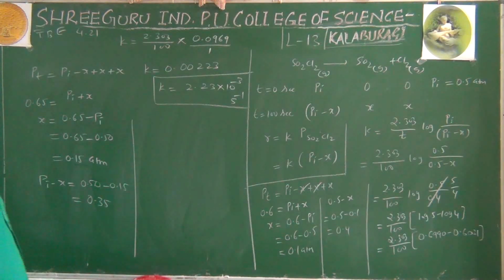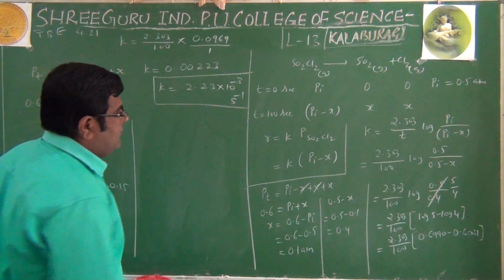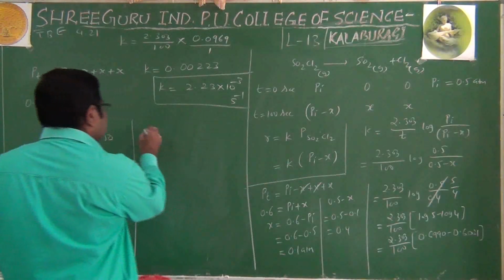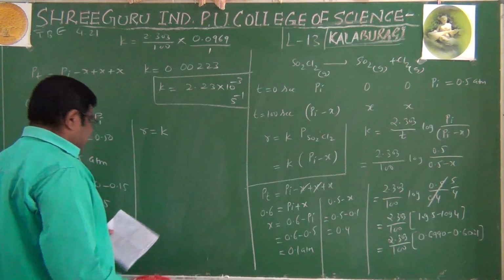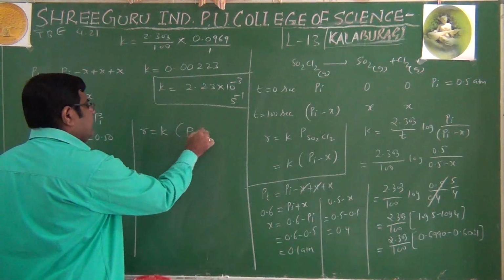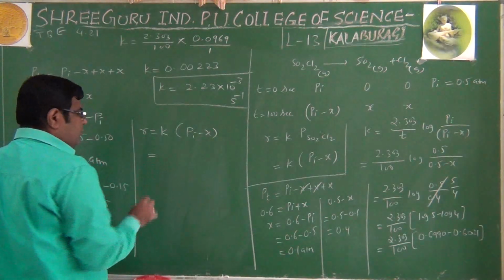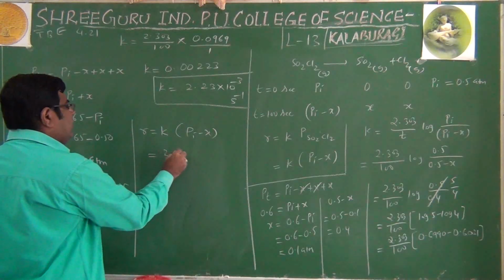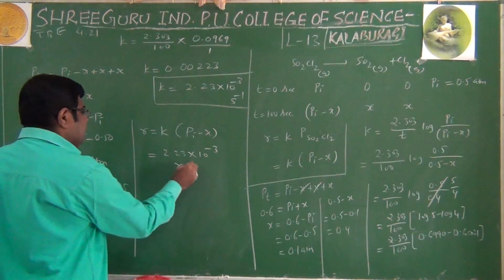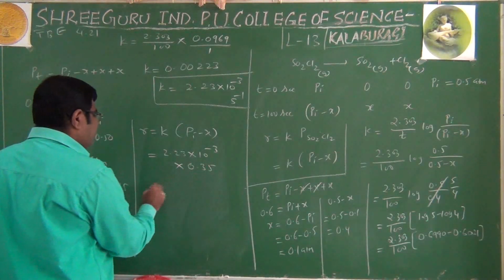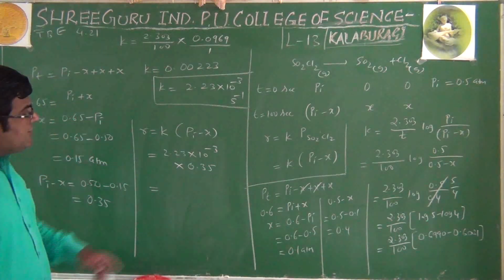Now we are in a position to calculate this. We have to substitute this. Rate equals K, and this pressure Pi minus x equals K value we have calculated, 2.23 into 10 raised to minus 3. Pi minus x we have calculated as 0.35. We should use this Pi minus x.